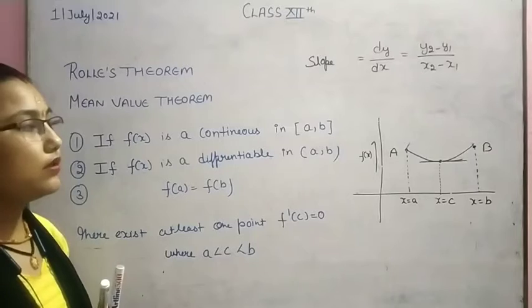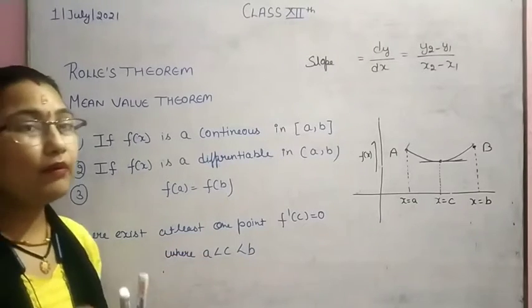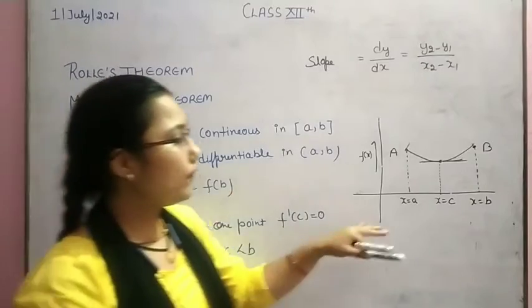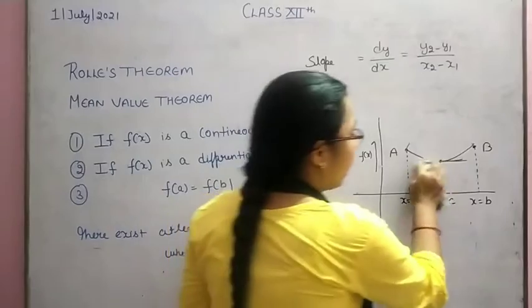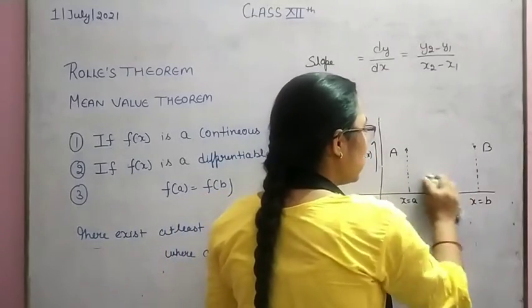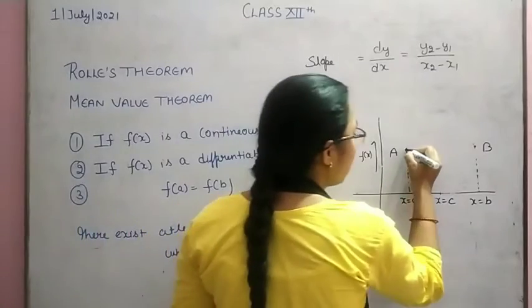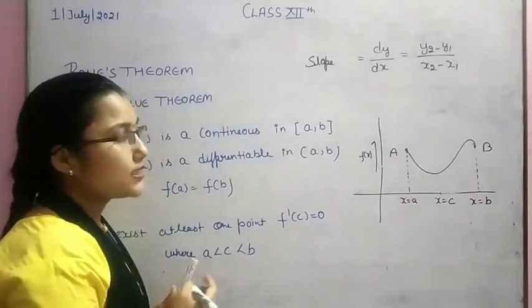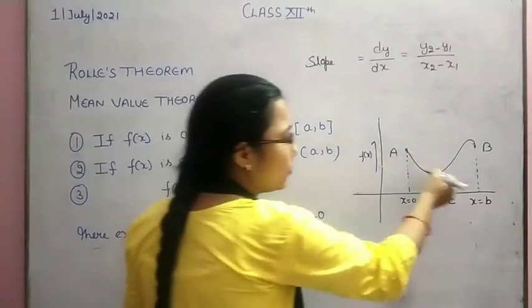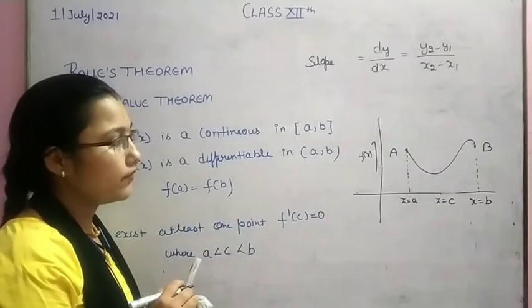That means we have a minimum of one point where the slope of the graph equals 0, and we can get more than one point also. Suppose we draw a graph like this; it is continuous, we can draw it without lifting the pen, and this is also a smooth curve.